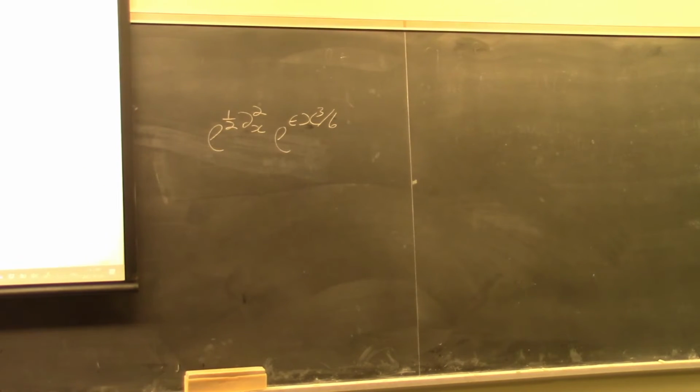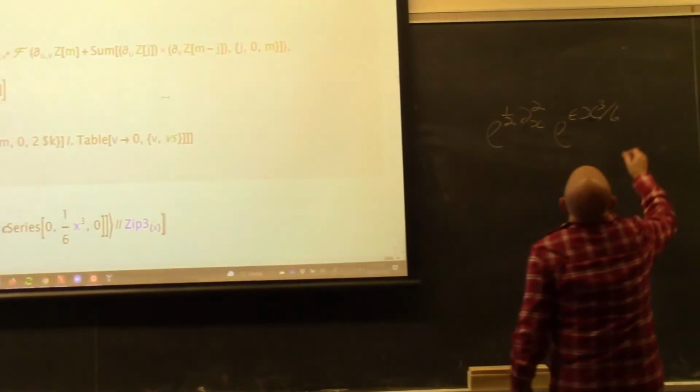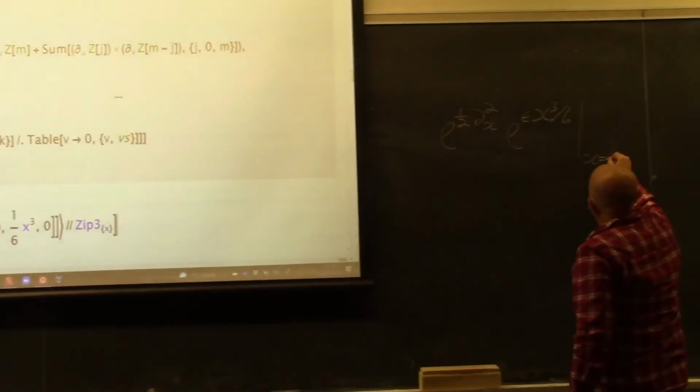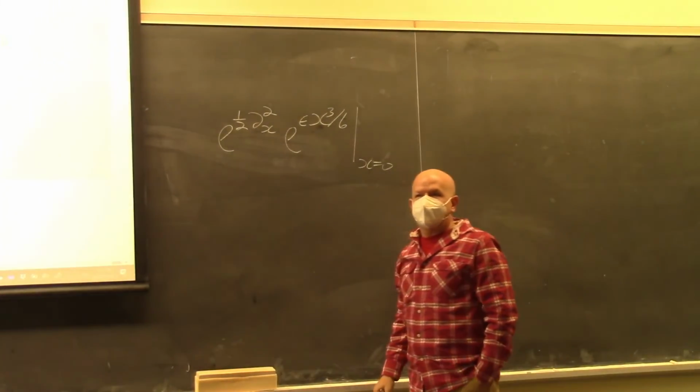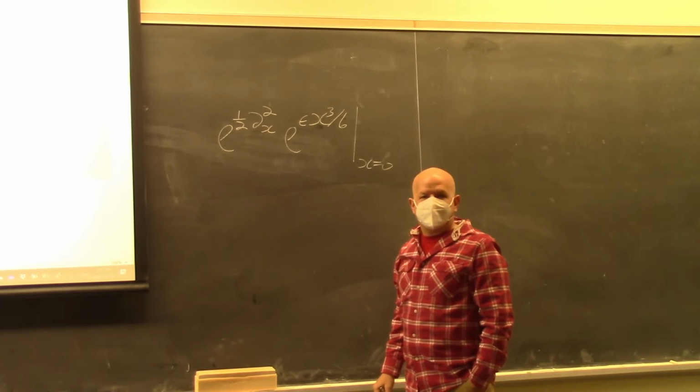Right, there is a 1 over 6 here. And I'm trying to evaluate this at x equals 0. Okay?